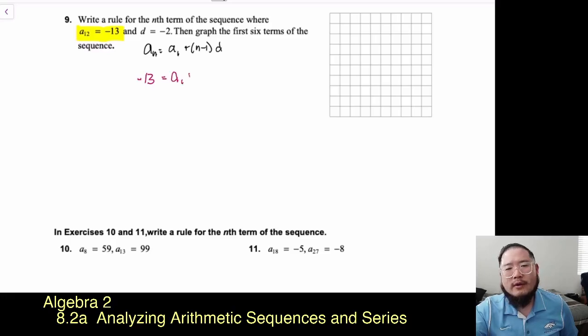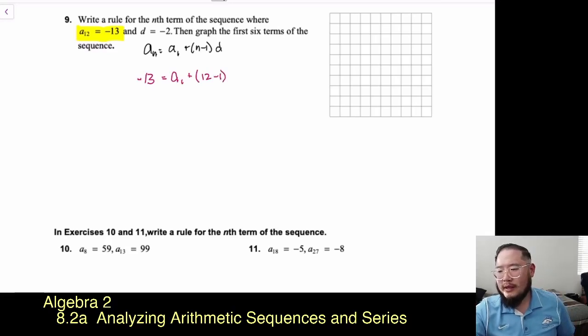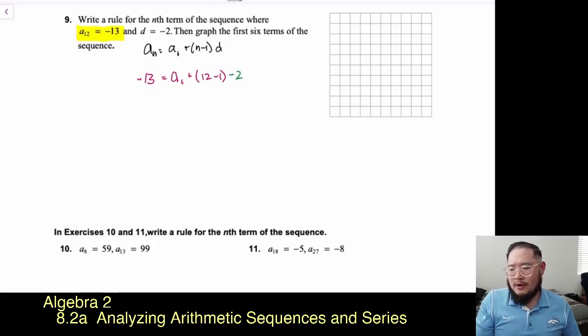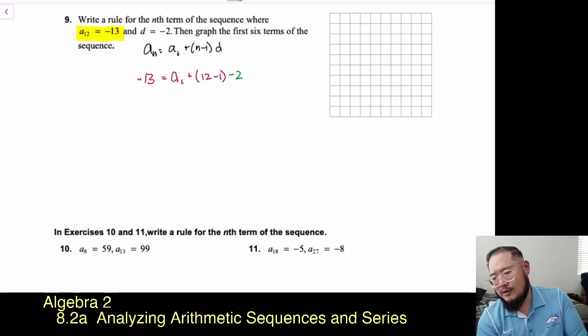Well, remember, which term is this? This negative 13 is the 12th term. So I'm going to plug in 12 right here for n, and then put minus 1. And then we plug in the common difference, which is negative 2. And so now, all you need to do is simplify the equation out, and then guess what? We can solve for a sub 1.